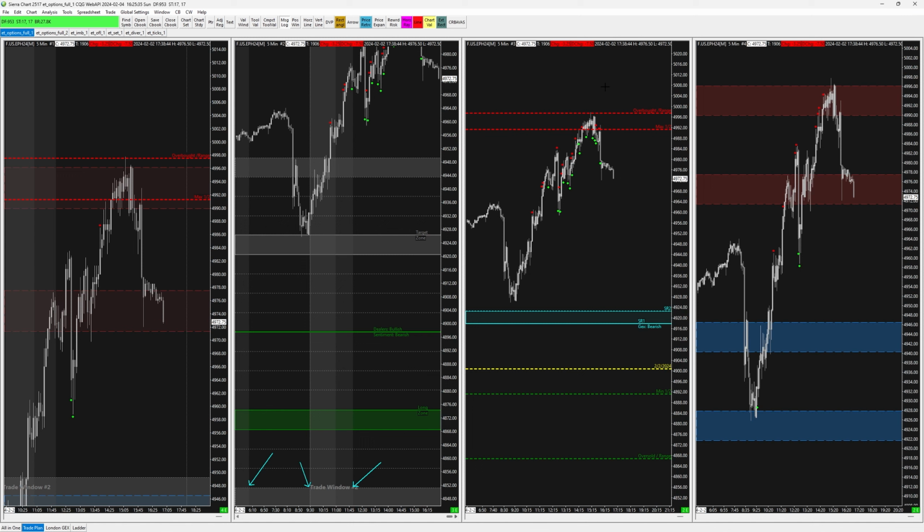The way I'm using these, for example, London GX levels, is aside of course from the sentiment here, which tells me which way the GX is positioned. It will help me gauge the targets and stops.